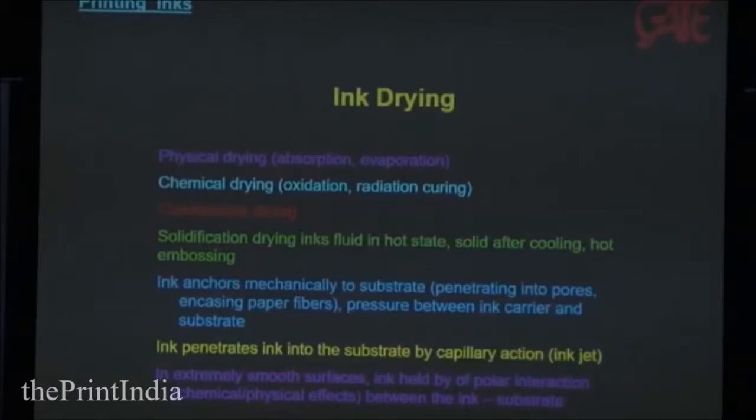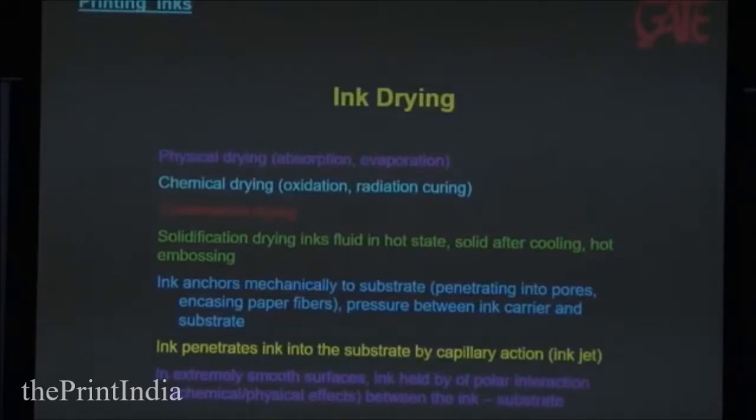There can be combination drying, different methods, like if you take say heat set offset printing, you have hot air flow and oxidation, okay, and certain amount of absorption. Solidification drying, that is ink fluid in hot state, solid after cooling, that is the solid inkjet system. Okay, as soon as deposited, it cools down and becomes solid.